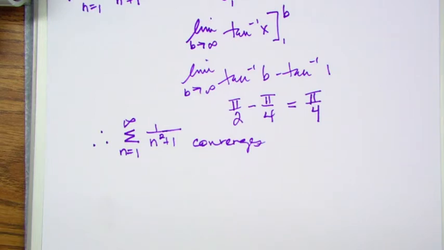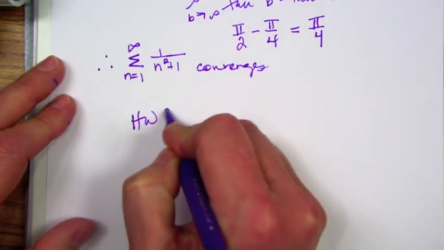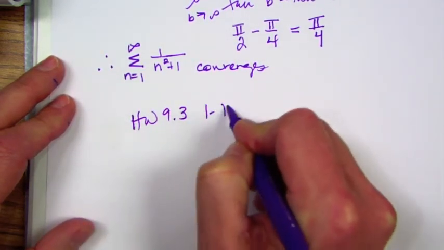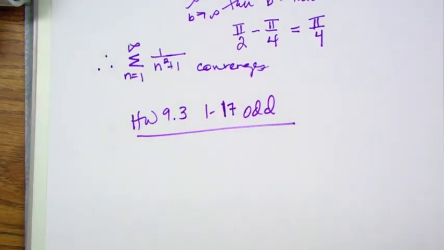Alright, I need to give you some homework. Can you also, after you're done with that, check your test grade? So your homework is homework 9.3, 1 through 17, odd. And I'm giving you the worksheet.